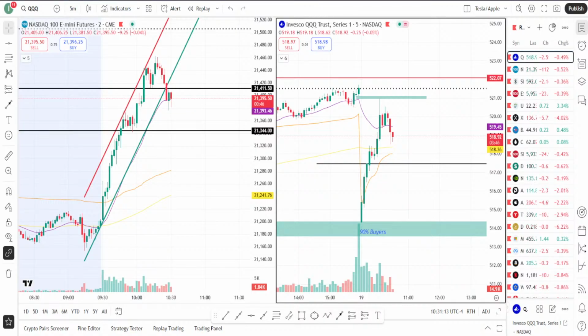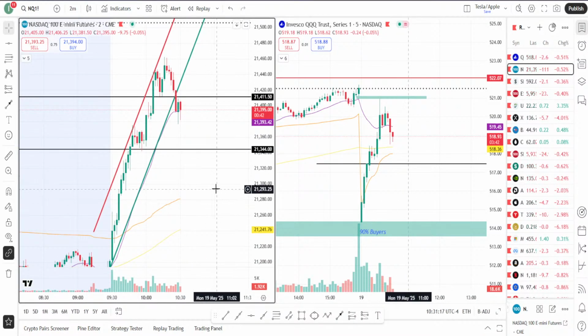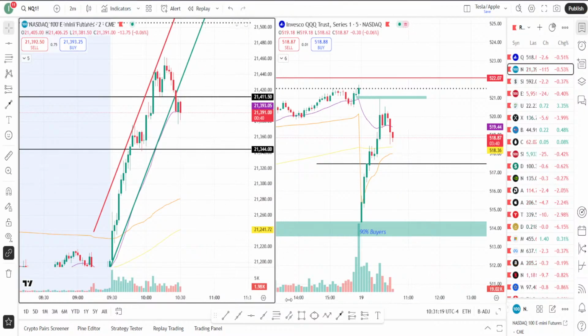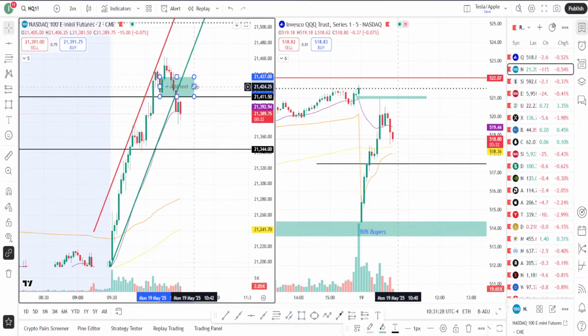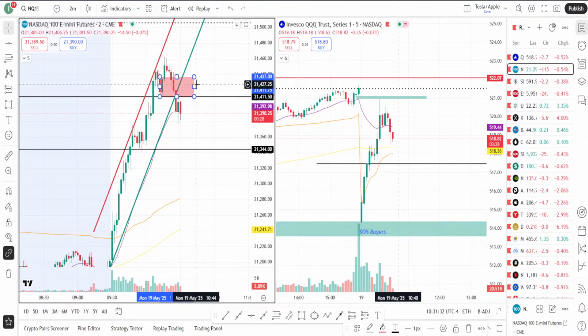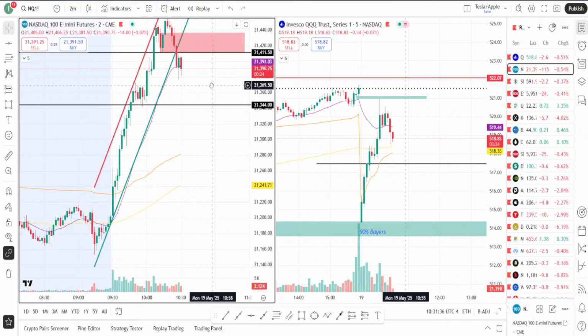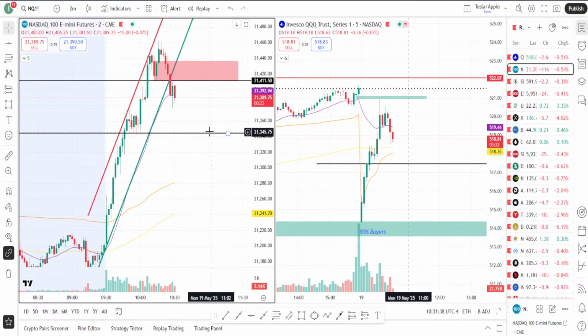And now let's look. Okay, so if we find resistance, if we do start to go up, but we can manage to find resistance up here, that would make for a good short as well.